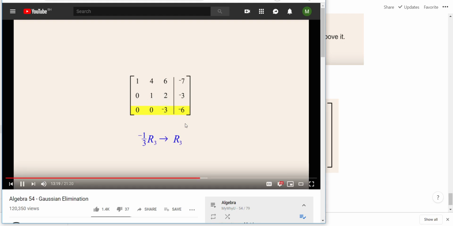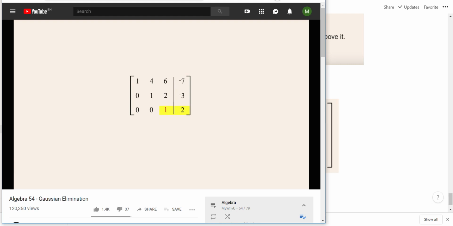Multiplying row 3 by -1/3 gives us a 1 as the leading entry of the third row. Now that all the leading entries in the matrix are 1s, and each leading entry is located to the right of the leading entry above it, this matrix has been reduced to row echelon form.